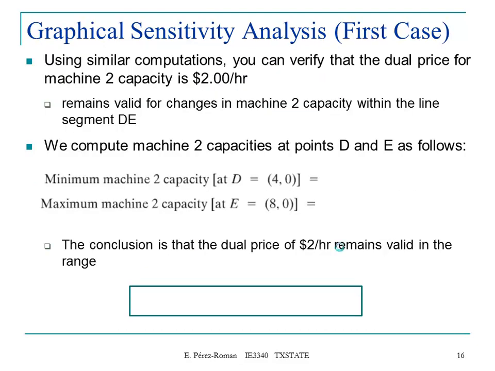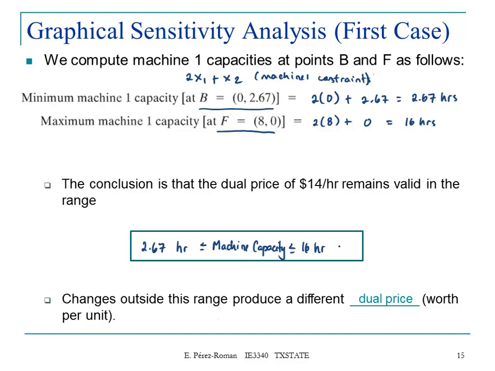So that rate of change of $14 an hour will be valid if the machine capacity is within those capacity hours. If it is outside those capacity hours, then the dual price will be different. Okay?